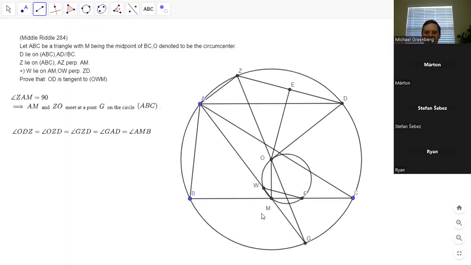Yes, we know that from the angle equalities, and also E, O, and W are collinear. OW is perpendicular to ZD.